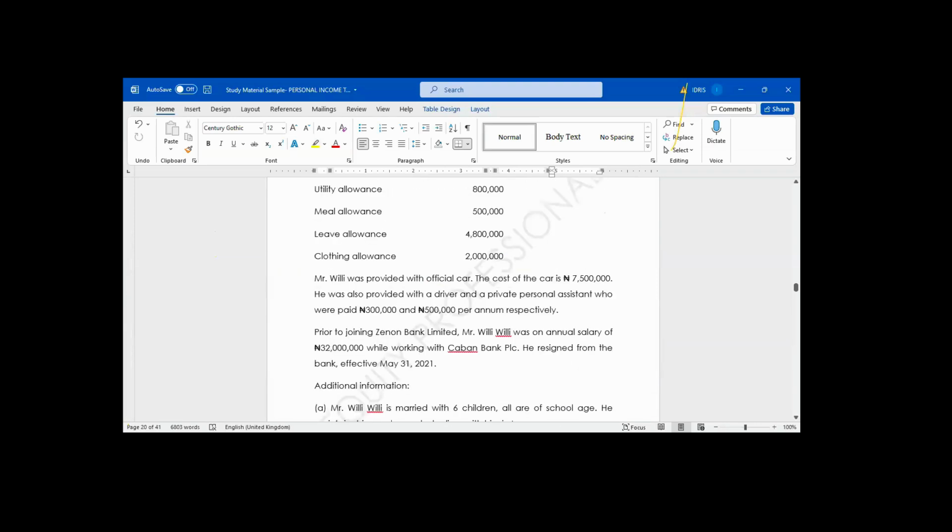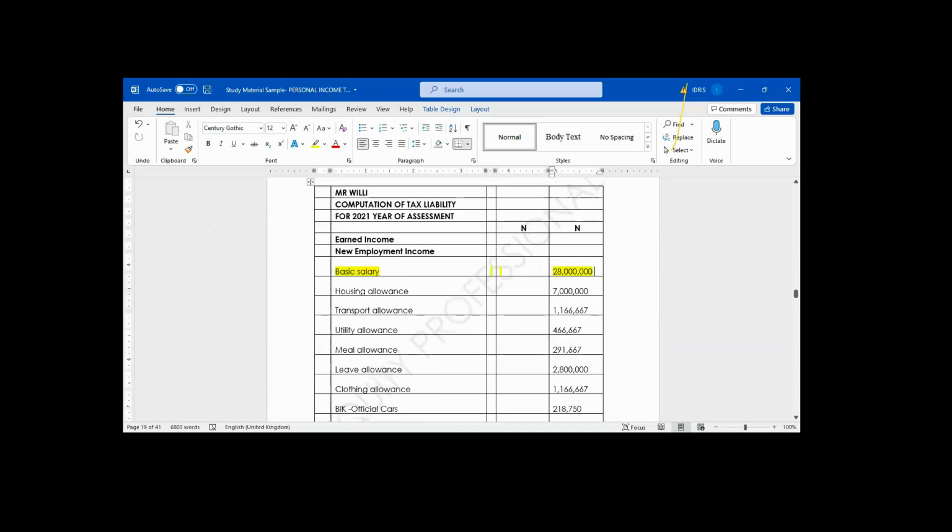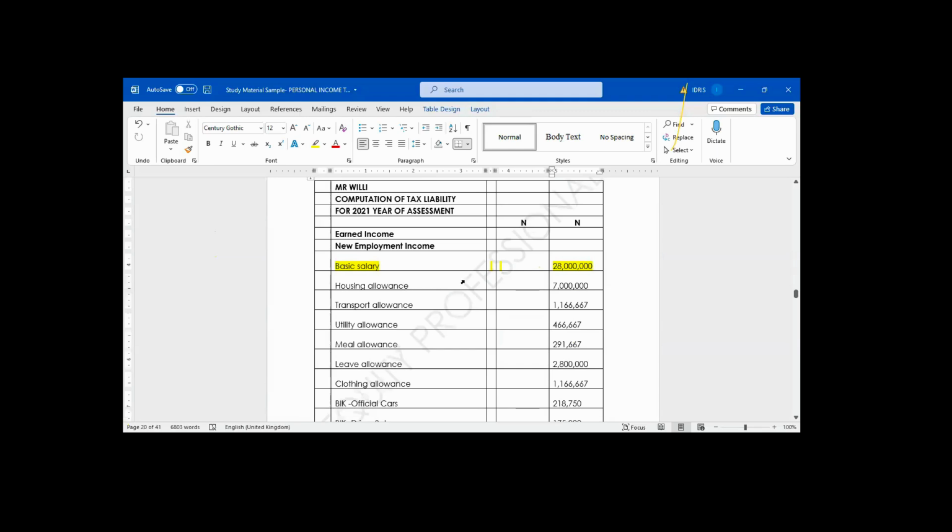We go back to the next one, which is housing allowance. 7/12 times 12 million. That will give us 7 million.